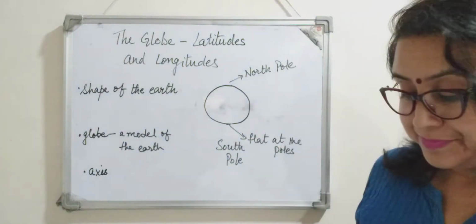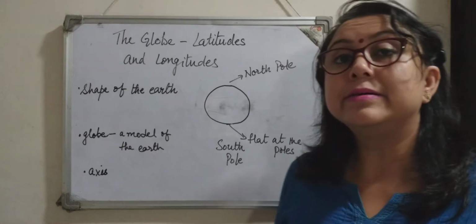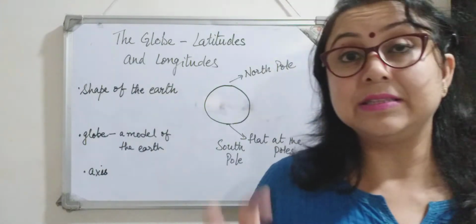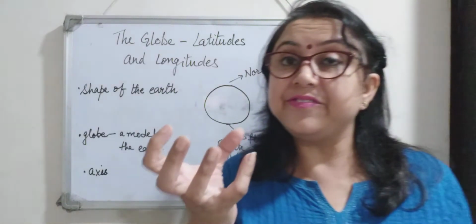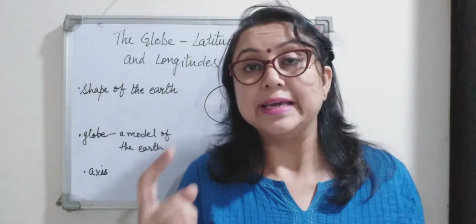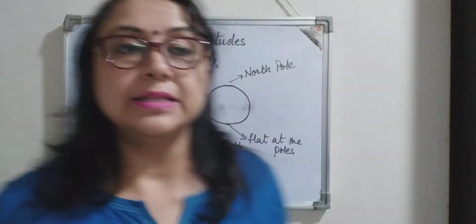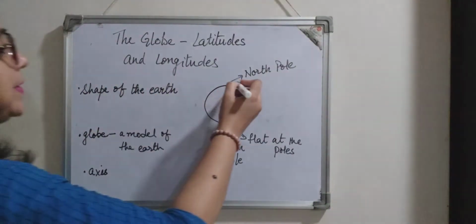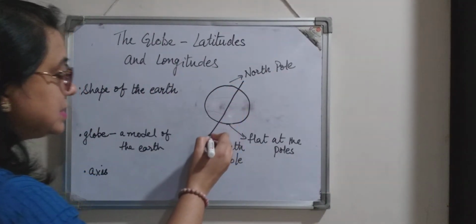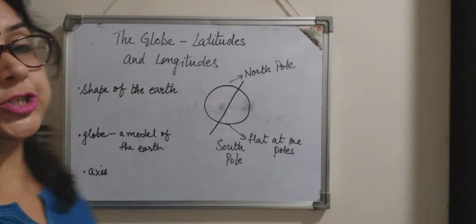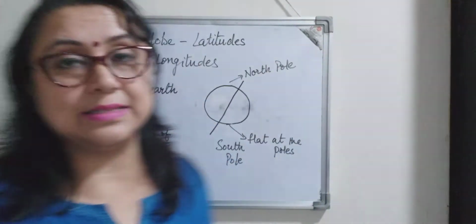After that, the next thing that we learn is that the earth is not fixed at a place. It keeps spinning, right? I repeat, the earth keeps spinning, and the point on which it spins is called the axis.